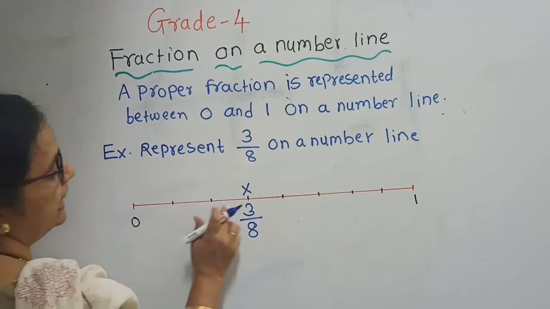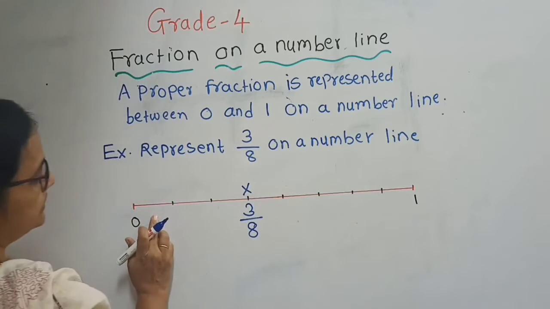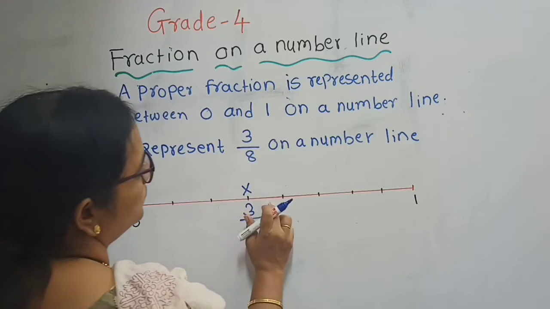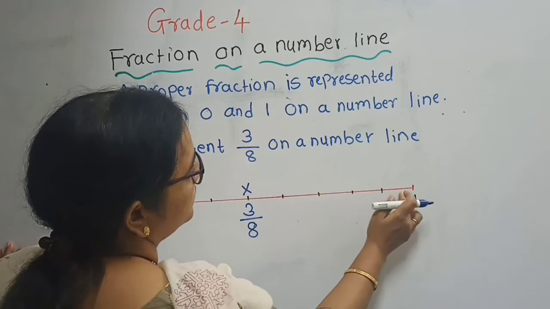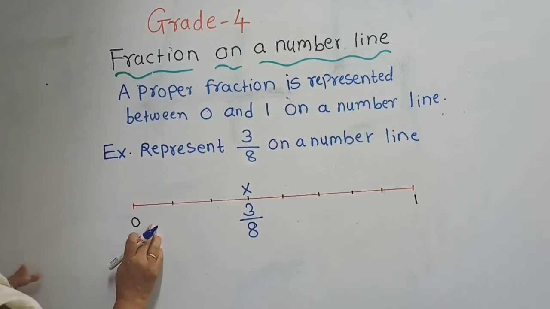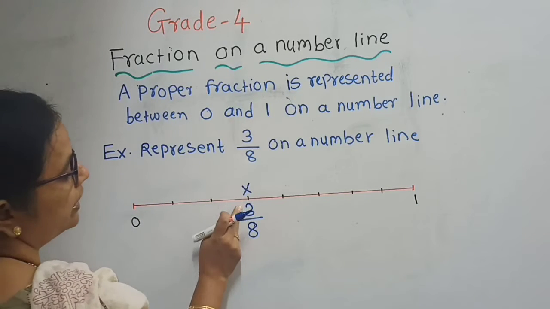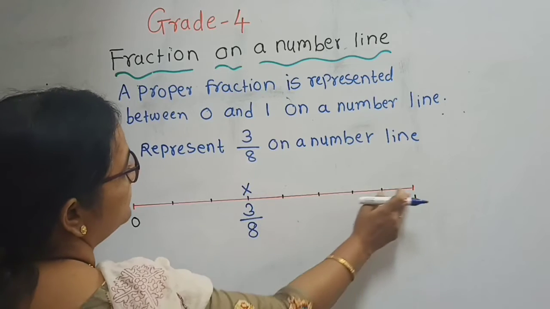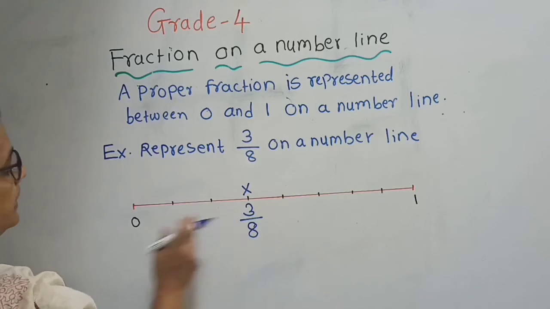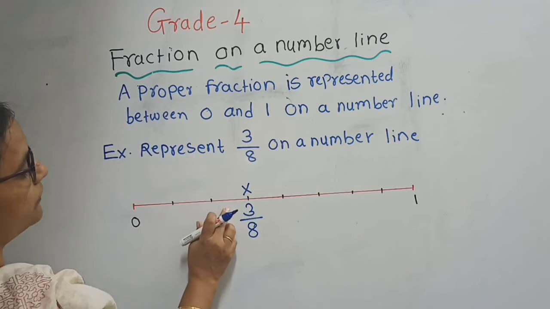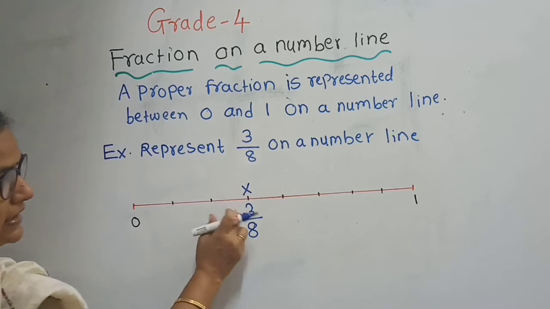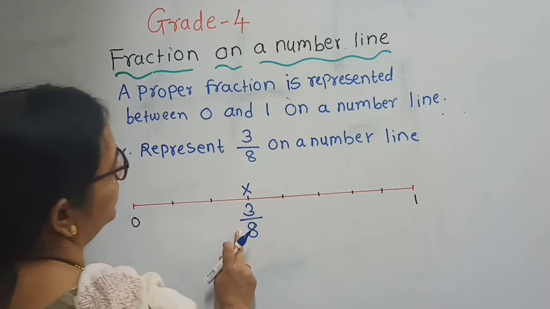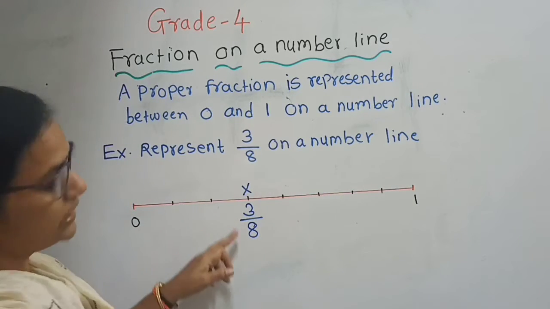Because these are 8 equal parts: 1, 2, 3, 4, 5, 6, 7 and 8. And we have to represent this 3/8 on the number line. So we go forward 3 divisions. Yes, so 3/8 is here.